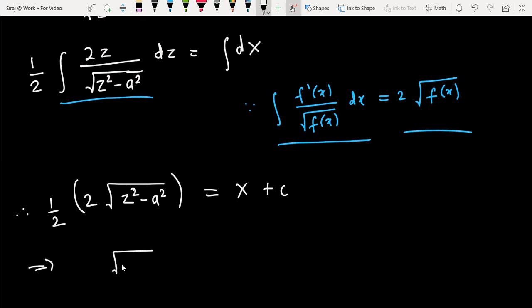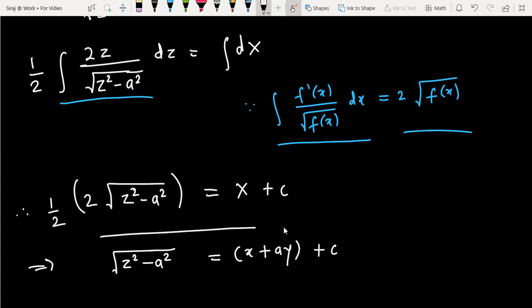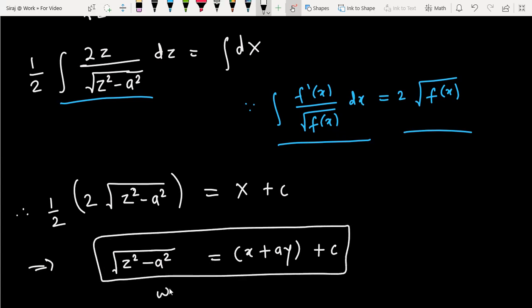Remaining term square root of z square minus a square, that is equal to capital X plus c, and capital X, it is nothing but small x plus ay plus c, which is the required solution of given partial differential equation. That's it.